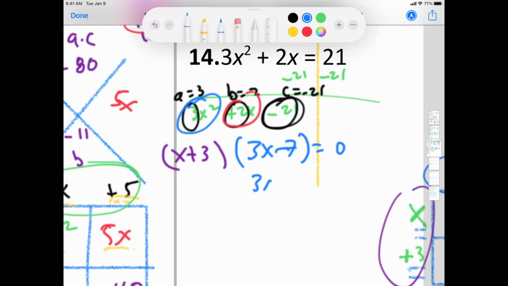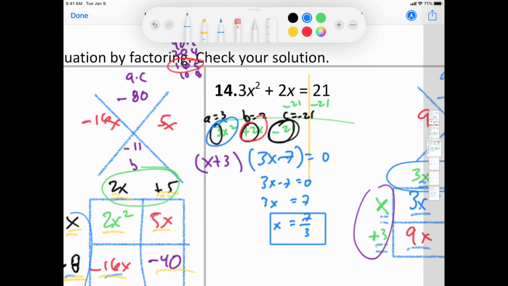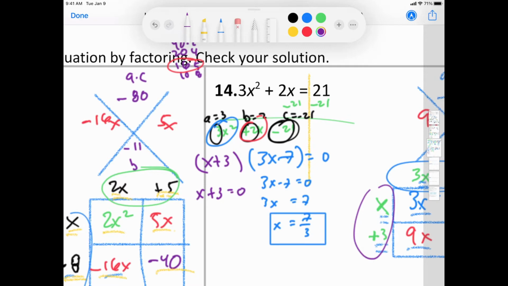Okay, so 3x minus 7 equals 0. Add 7, 3x equals 7. Divide by 3, x equals 7 thirds. And over here in the purple, x plus 3 equals 0. Subtract 3, x equals negative 3.